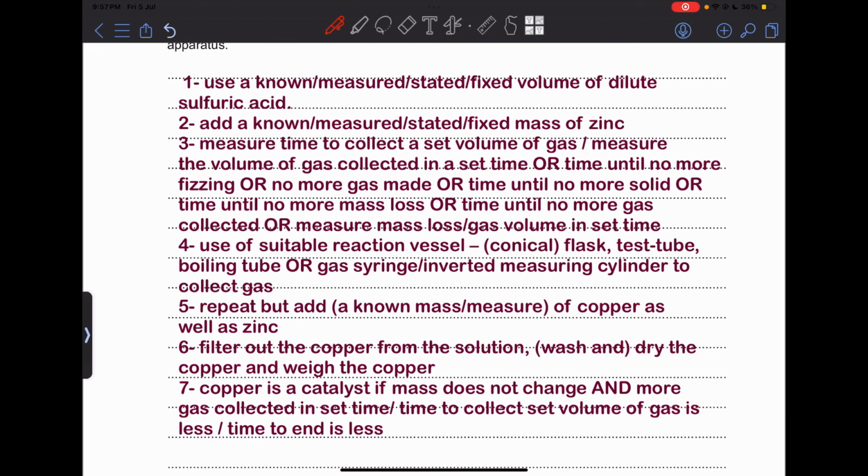Filter out the copper from the solution after you collected all the gas, and weigh the copper. If the copper weight is the same, then it is a catalyst. And also if there is a change in the experiment time, and if it took less time, then it is a catalyst. So this is how you know if copper is really a catalyst or not.